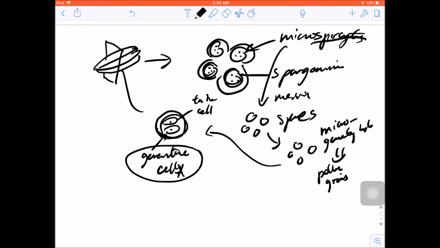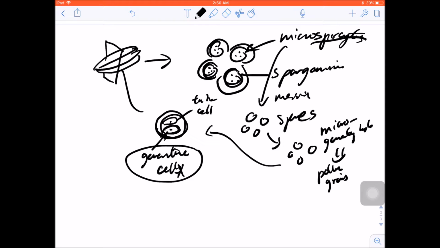I said earlier I was going to look up the location of the antheridia inside these pollen grains, the antheridia being the organ that makes and houses the sperm cells. What I found out was they actually just consider this generative cell the antheridia.